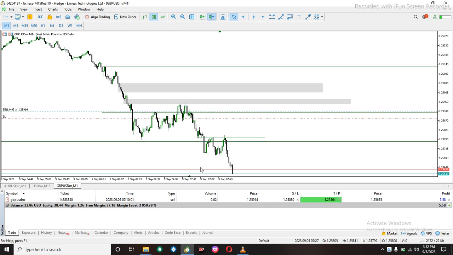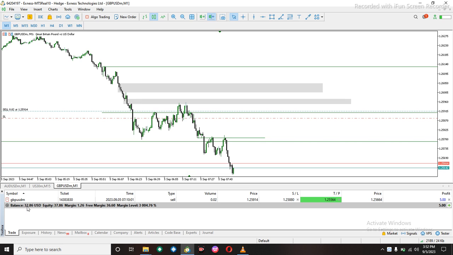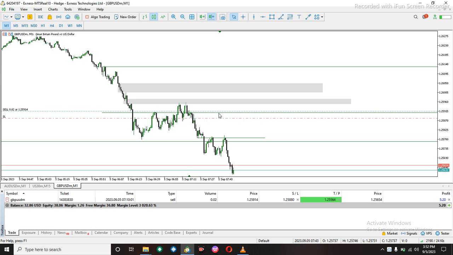Now, guys, it's very, very important to know what you are risking in the market. As you can see here, my account is a $32 account, and you can see how small I'm risking. I'm just risking $2.